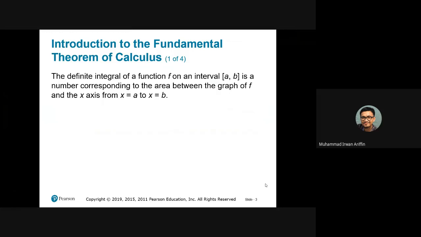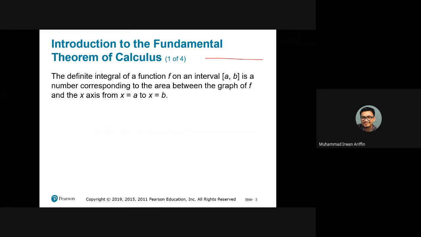What we have discussed so far is with regard to the definite integral. If we have a function f within the interval a and b, the definite integral is the number corresponding to the area between the graph of f and the x-axis.